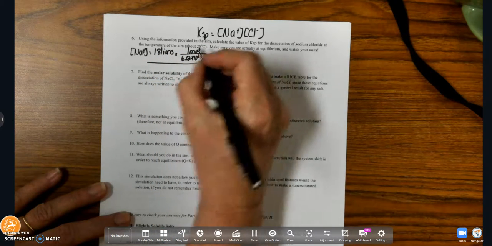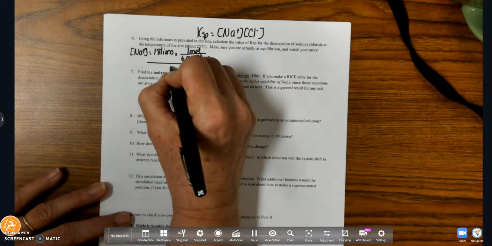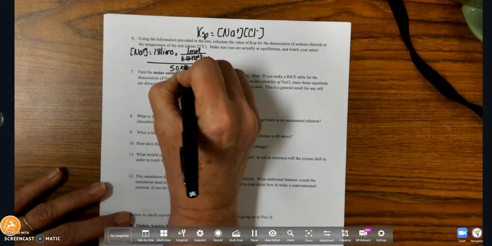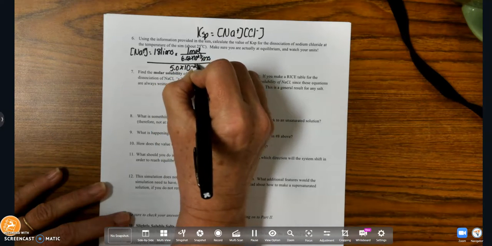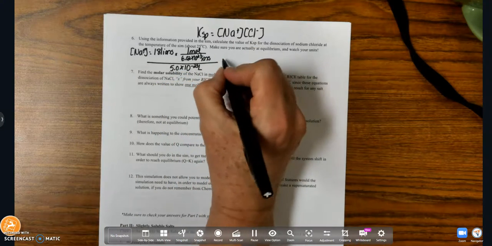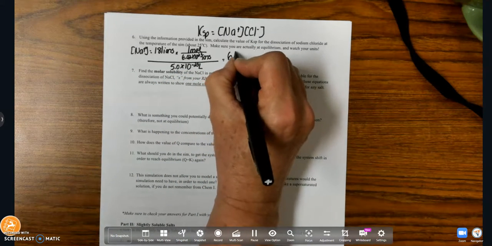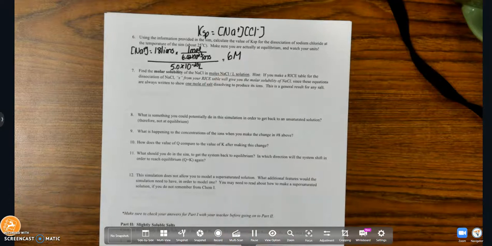Divide all of that by 5.0 times 10 to the minus 23rd liters, and I get 6 moles per liter, or molarity.